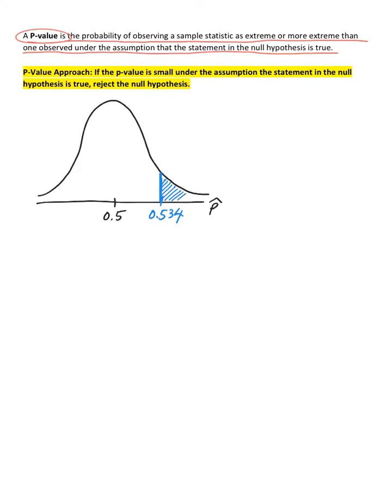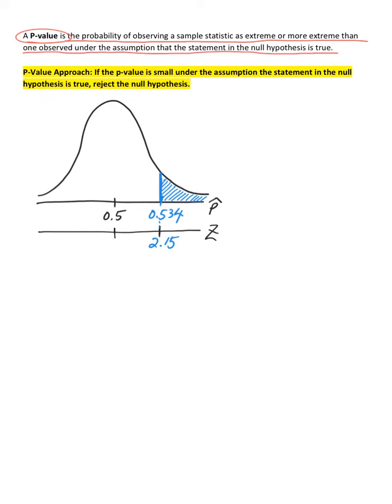So we're looking at the area to the right of 0.534. On a z-scale, we know that it's 2.15 standard deviations from the mean.